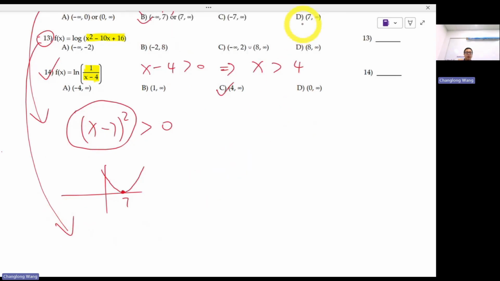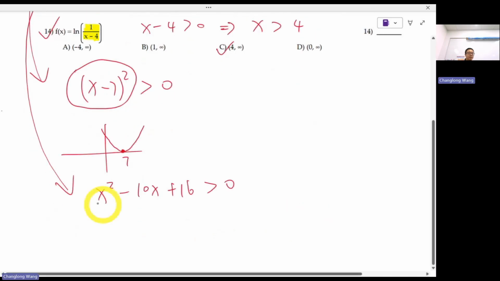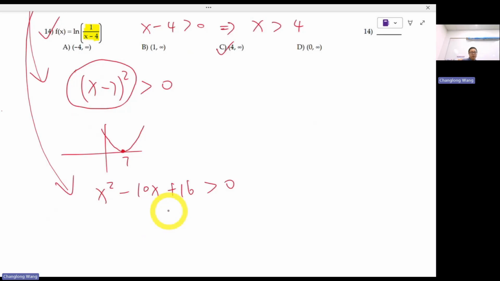Now, we're requiring x squared minus 10x plus 16 greater than 0. And I believe that it might still be a good idea to graph, even though it's just a parabola. And indeed, because it's a parabola, it's easy to graph.